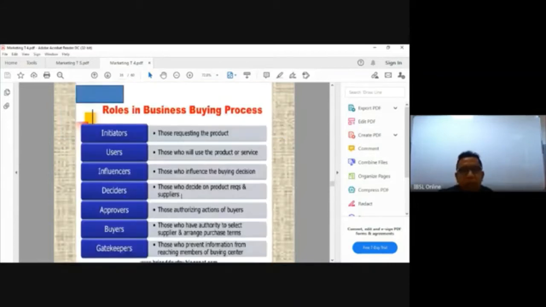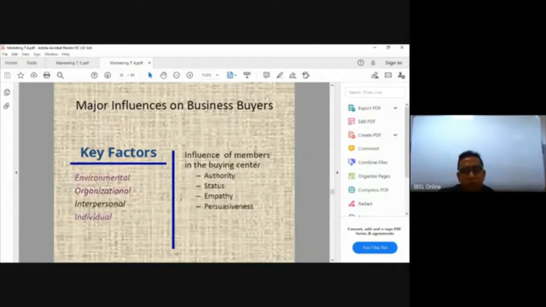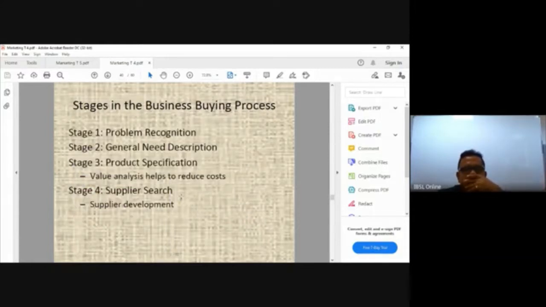And they're also influenced by various factors like environmental, organizational, interpersonal, and individual. Because buying centers also comprise individual people, there can be some influence coming from a personal, individual basis as well. Then we discussed the buying process.